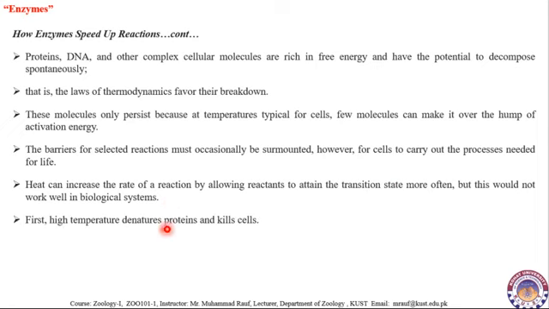First, high temperature denatures proteins and kills cells. Second, heat would speed up all reactions, not just those that are needed. So these are the two consequences if the organism provides heat energy to a reaction which requires a high input of energy, because this provision of heat will have drastic effects on other structures in the cell and overall on the sovereignty of the cell.